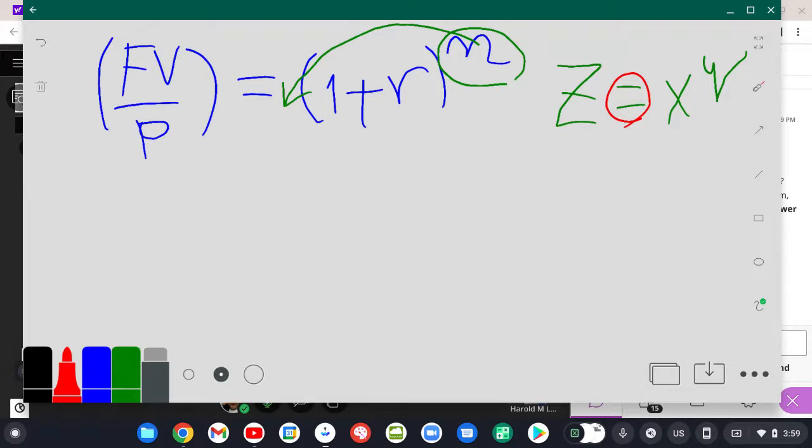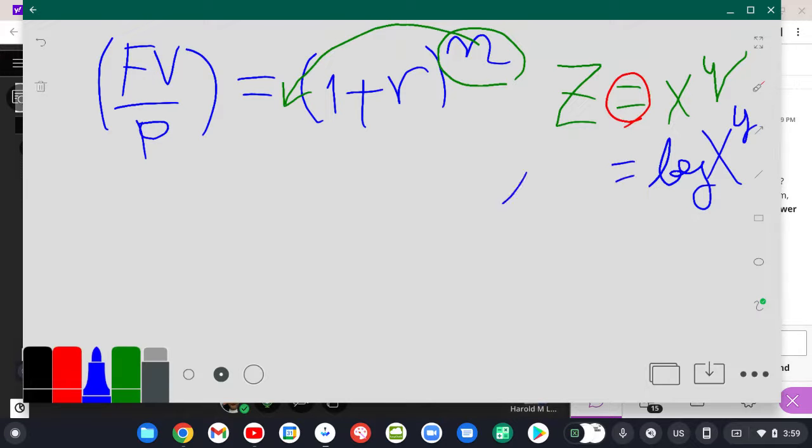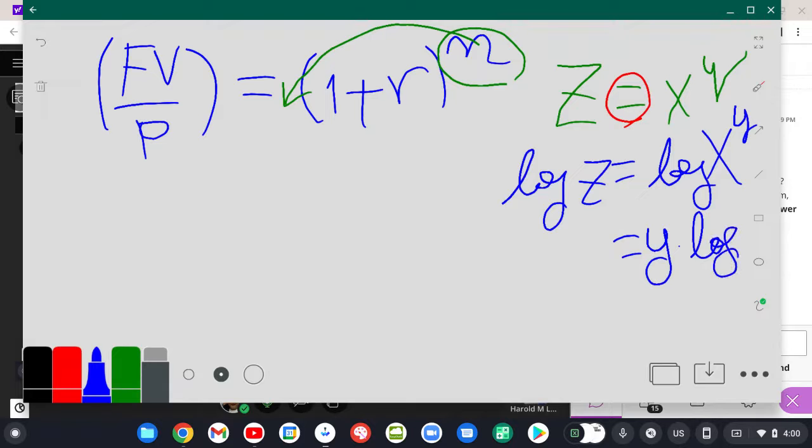So you will take log of the right-hand side, log of x raised to y, and you do the same in the left-hand side. And then this exponent can be brought down just like as if it is the coefficient.